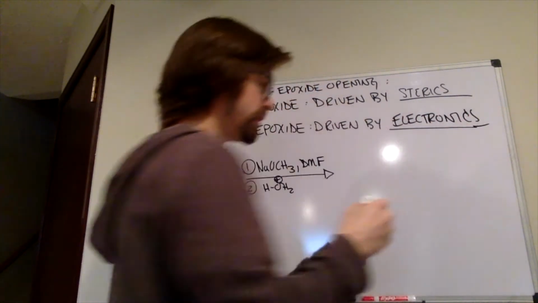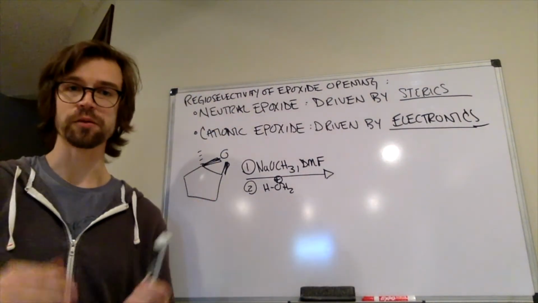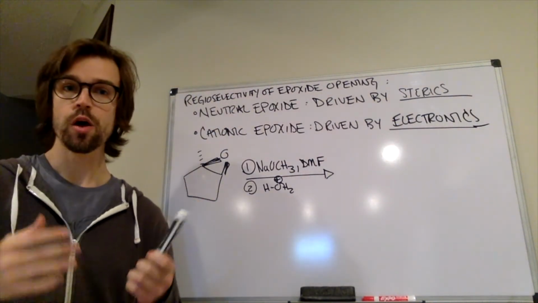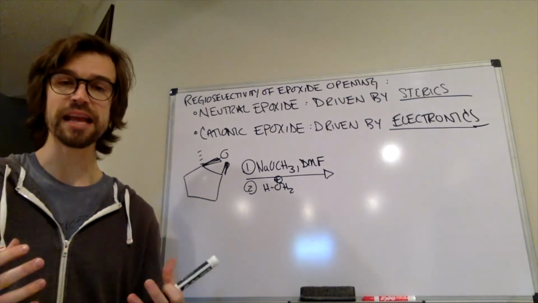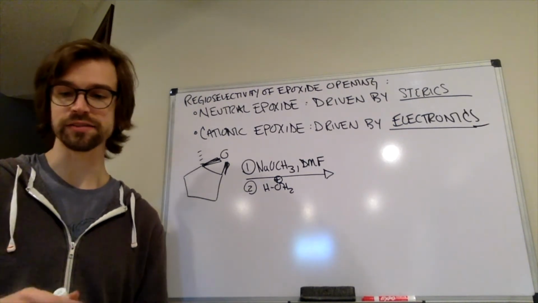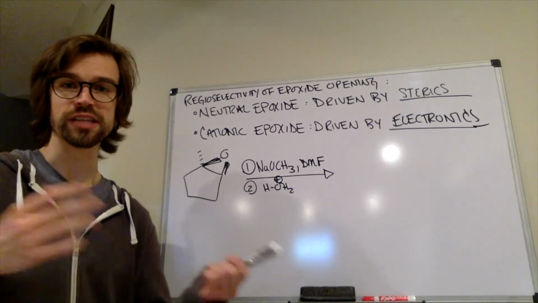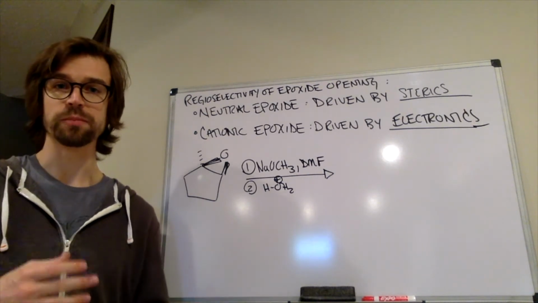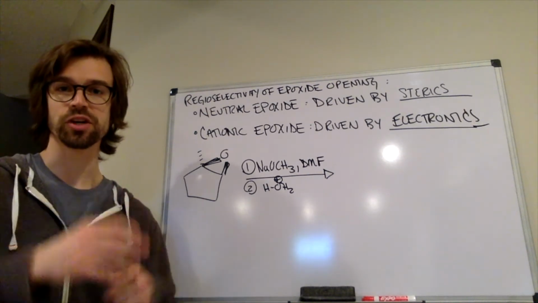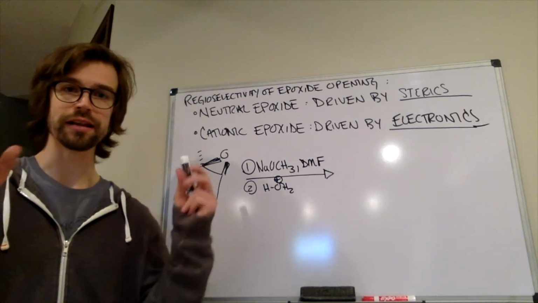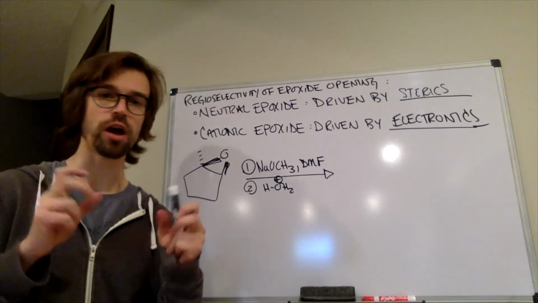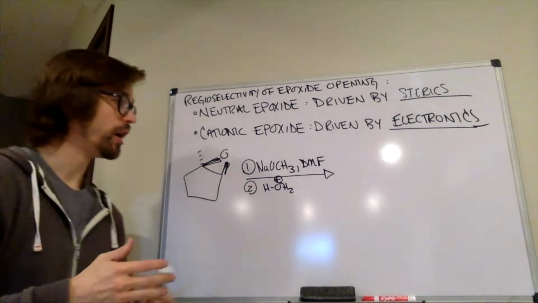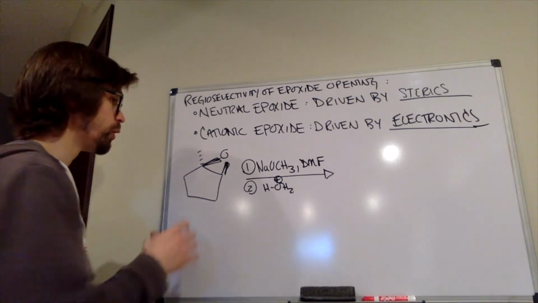I mean which carbon of that epoxide was more capable of being stable with a partial positive charge. The more substituted side was better at holding the positive charge, so it was governed by electronics. That's what we saw. So what's going to happen here?